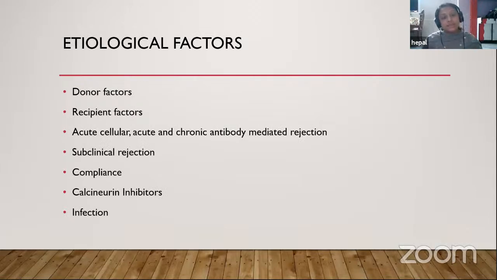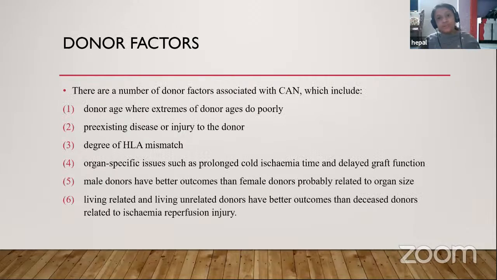What are the etiological factors? They are donor factors, recipient factors, acute cellular, acute and chronic antibody-mediated rejection, subclinical rejection, compliance to immunosuppressants, calcineurin inhibitors, and infections. So what are the donor factors?